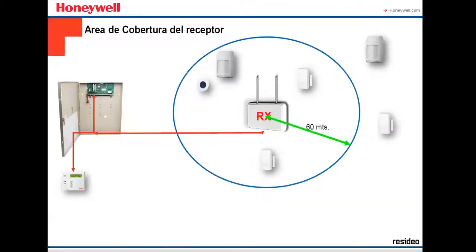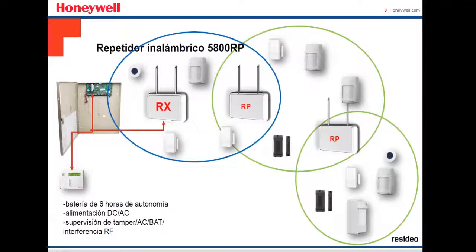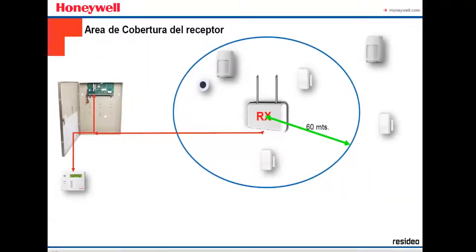This is a little how much the receiver covers, because there are so many mistakes, since there is a receiver and there is a repeater, like you see right here. The RX is the receiver, the RP is the repeater. The receiver can go up to 60 meters, or almost 200 feet, 196 to be exact.